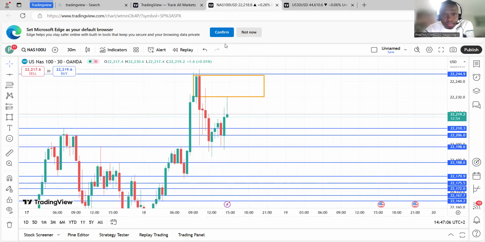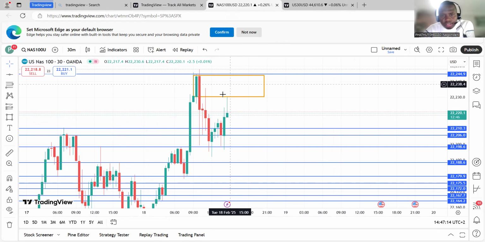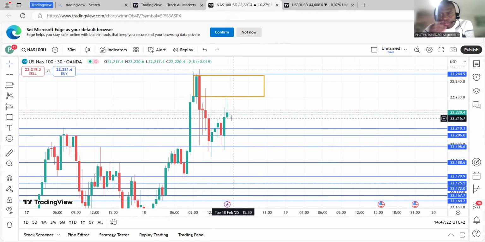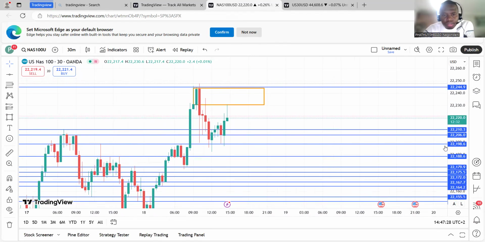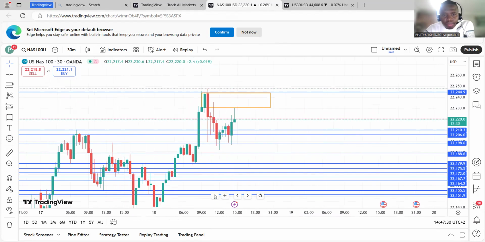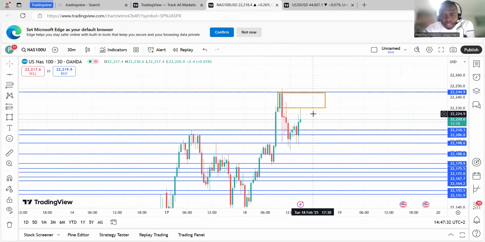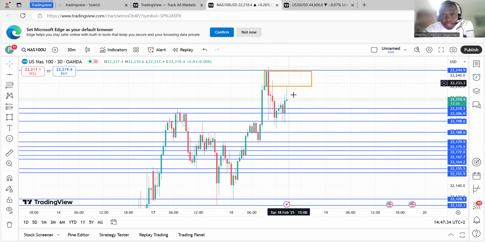If I check here, this selling area has already been intercepted. Even though there can be sells here, I'm not really gonna want to take them because this has already been tested. If I'm to take the sells, I'm just gonna lower my risk, because I'm not too sure or too happy with the sell as to how it's happening right here.